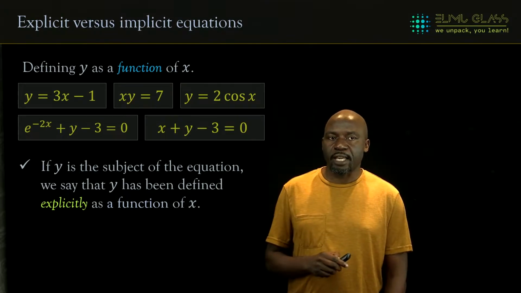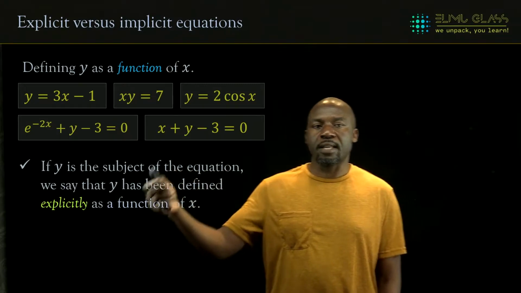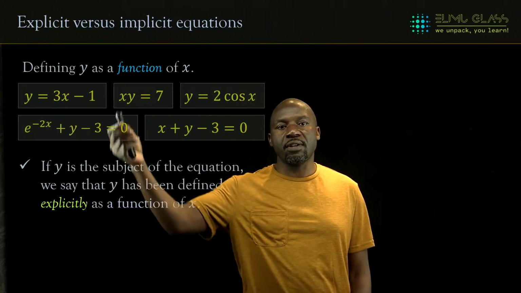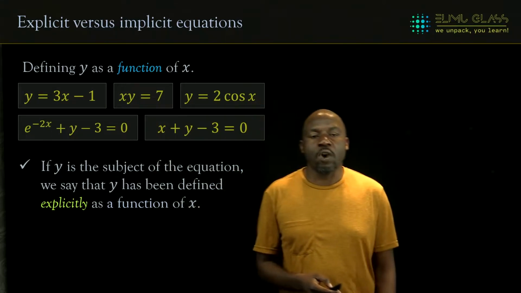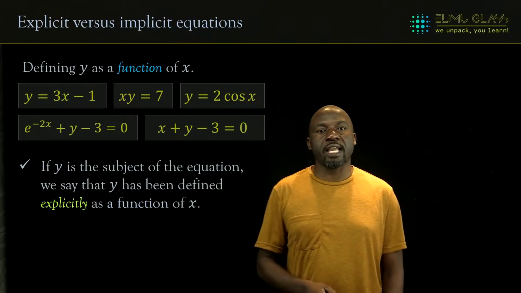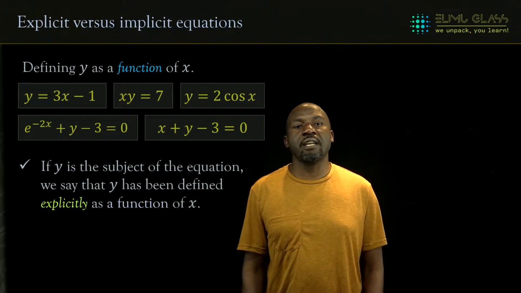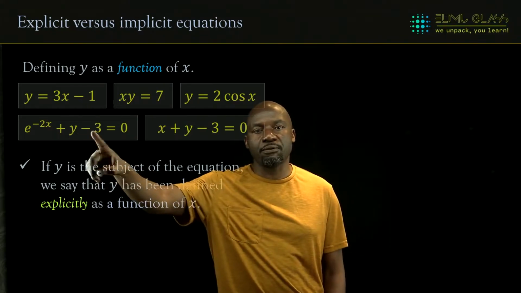If that is not the case, that is, y appears with x on one side or on both sides, so y is on the left and is also on the right and so on, then in that case y has not been explicitly expressed. We say that it has been expressed implicitly. So we still have y being expressed in terms of x.